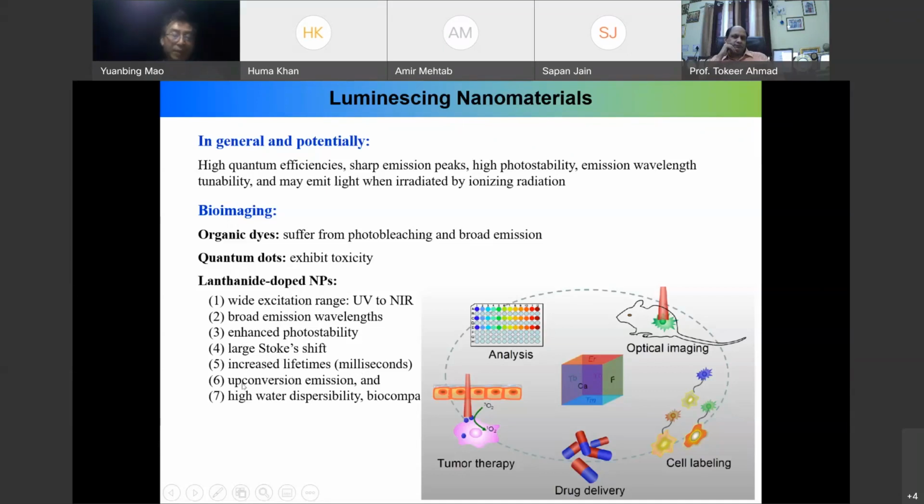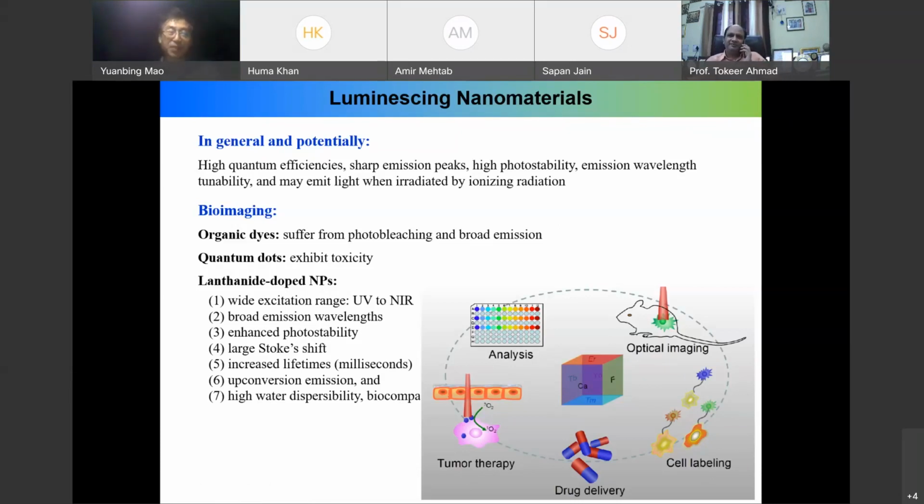As I'm going to talk about tomorrow, we can get upconversion as well. And then high water dispersibility, and that gives biocompatibility as well. This is just a few aspects in terms of bioimaging: analysis, optical imaging, cell labeling, drug delivery, and tumor therapy. All of this has been explored with lanthanide doped nanoparticles. So, if you are interested in luminescent nanomaterials, it could be very interesting.